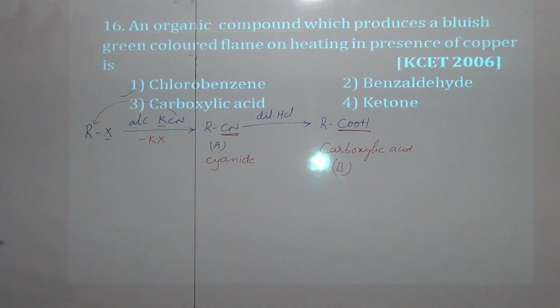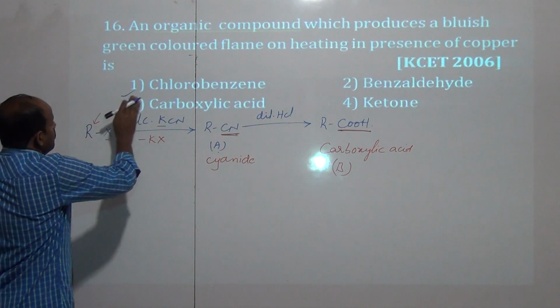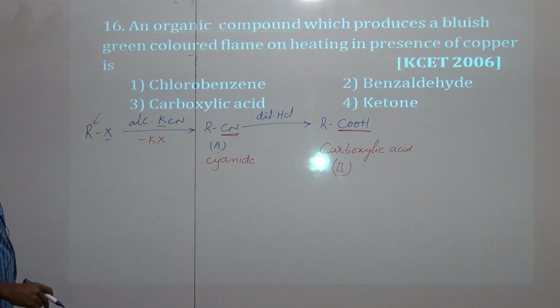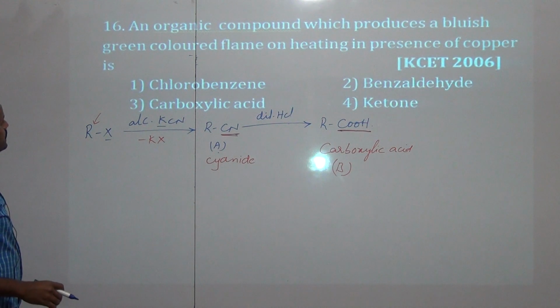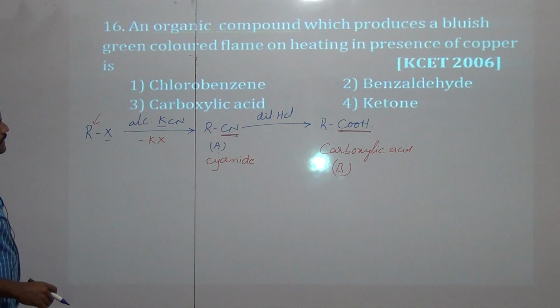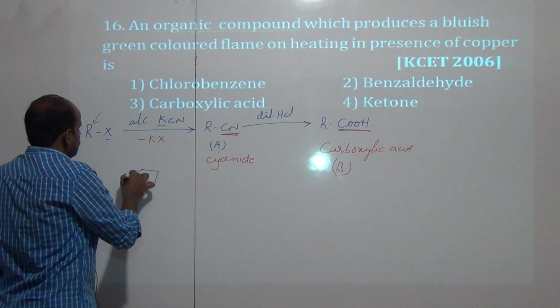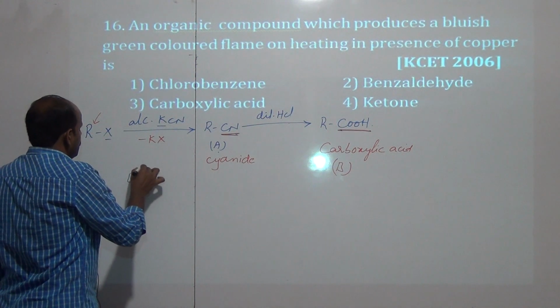Here, an organic compound which produces a bluish green colored flame on heating in the presence of copper is. Here chlorobenzene generally gives a bluish green colored flame in the flame test.